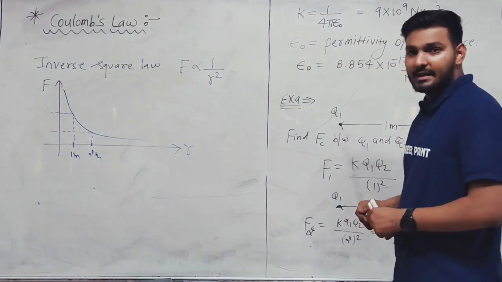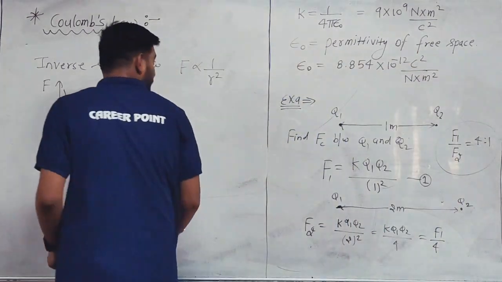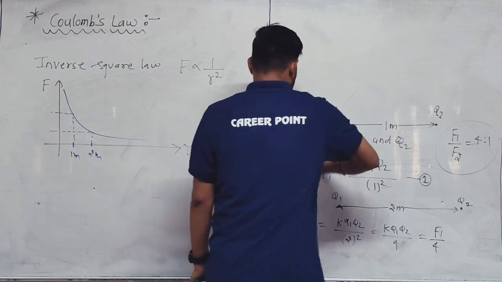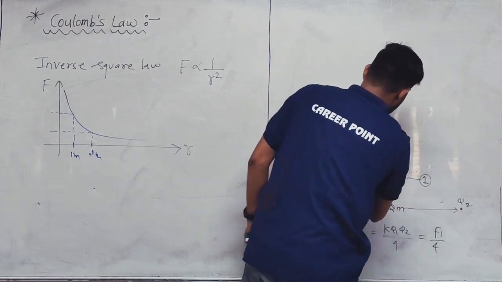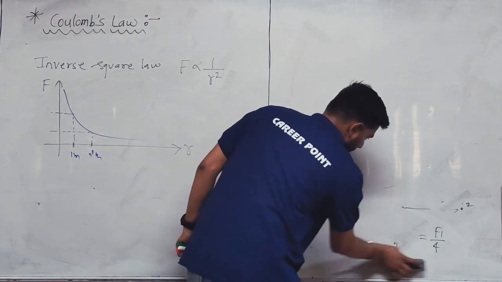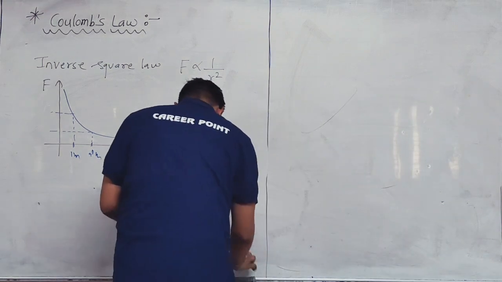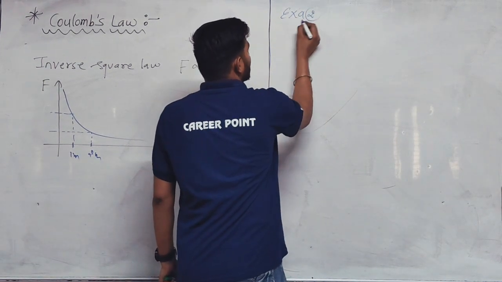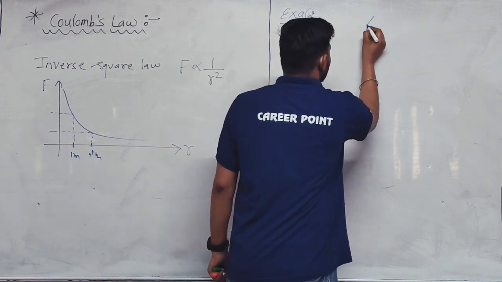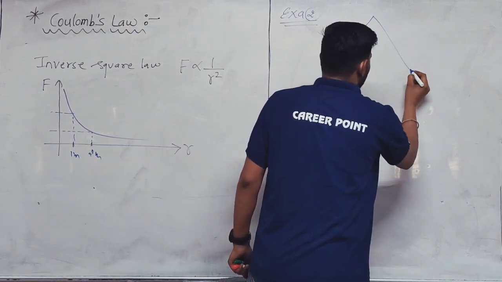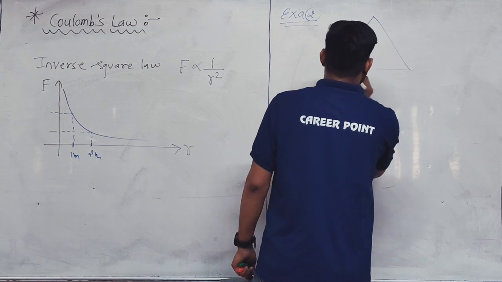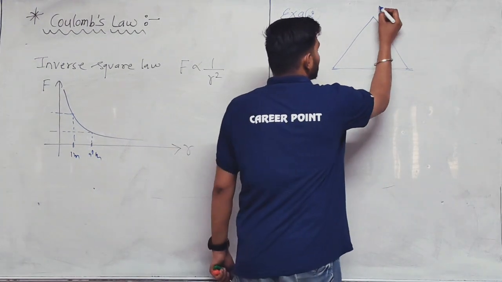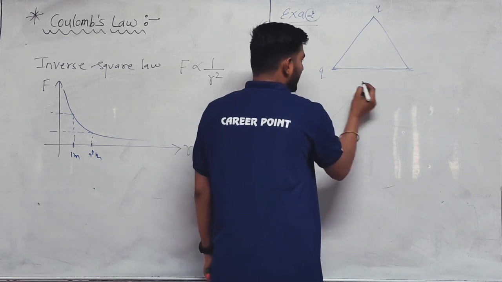Okay, so now let's take another example, example second. Let's say we have an equilateral triangle, and we have placed a charge Q here and Q here.